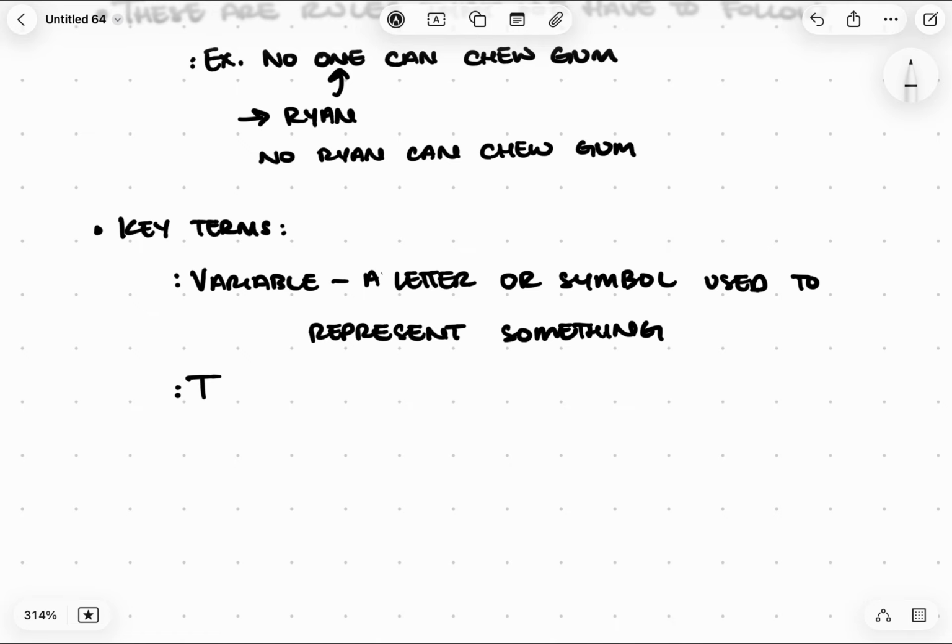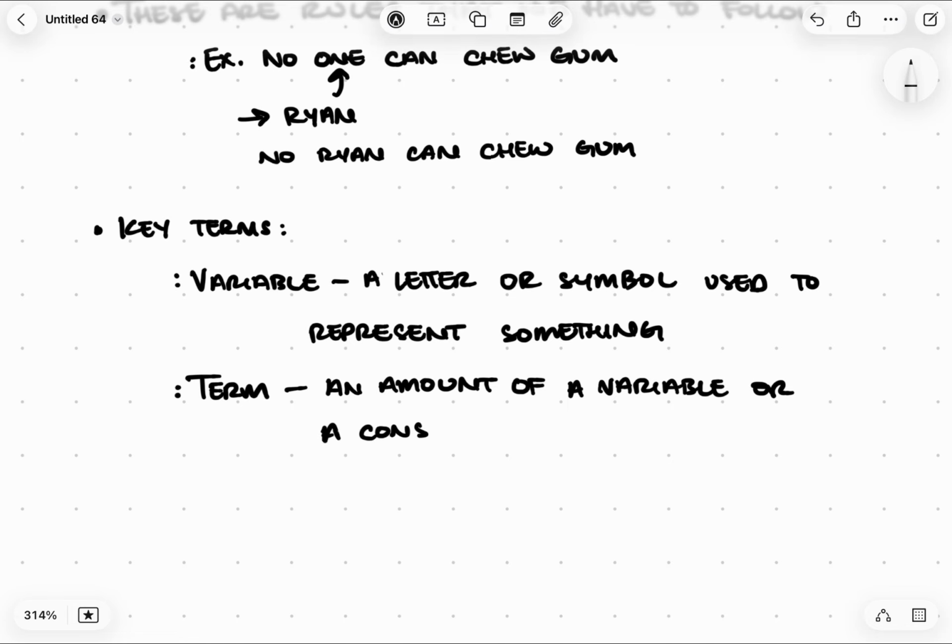Now, a term is an amount of a variable, or a constant. So I'm going to underline variable and constant here.